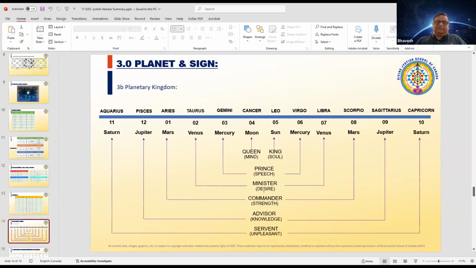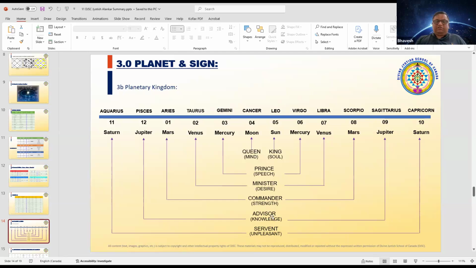Venus is a minister, Mars is a commander, Jupiter is an advisor, and Saturn is a servant. So you can relate all the characteristics of each of these planets with their kingdom role, and how they do things in day-to-day life.